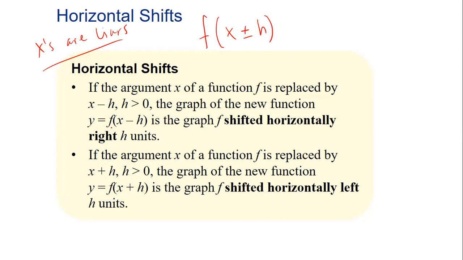If you have f of x minus h, your graph is going to shift horizontally to the right. Mathematically, in order to shift something to the right, what do you have to do? Add. So it's going to be x plus your h value, which means that you're going to add h to all x values of f of x.